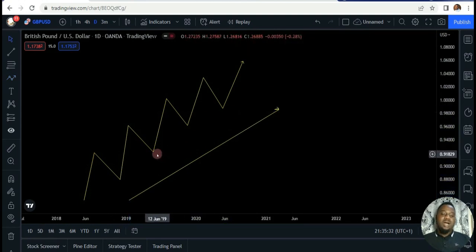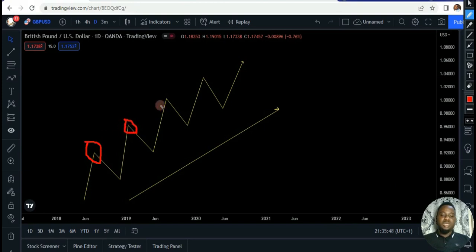Now, how do you identify an uptrend? An uptrend has the characteristics of making higher swing highs. These points are called the swing highs. So you see that the consecutive swing highs are higher than the previous one.